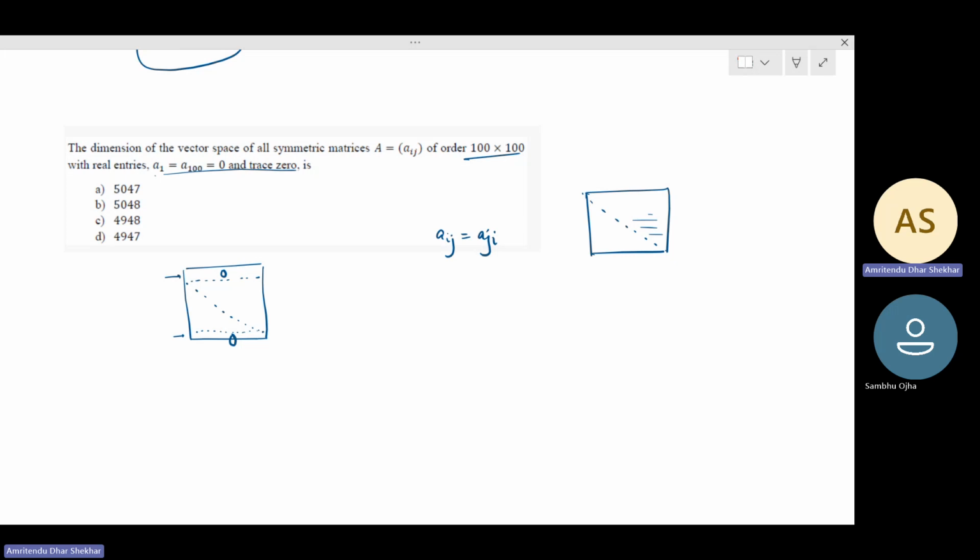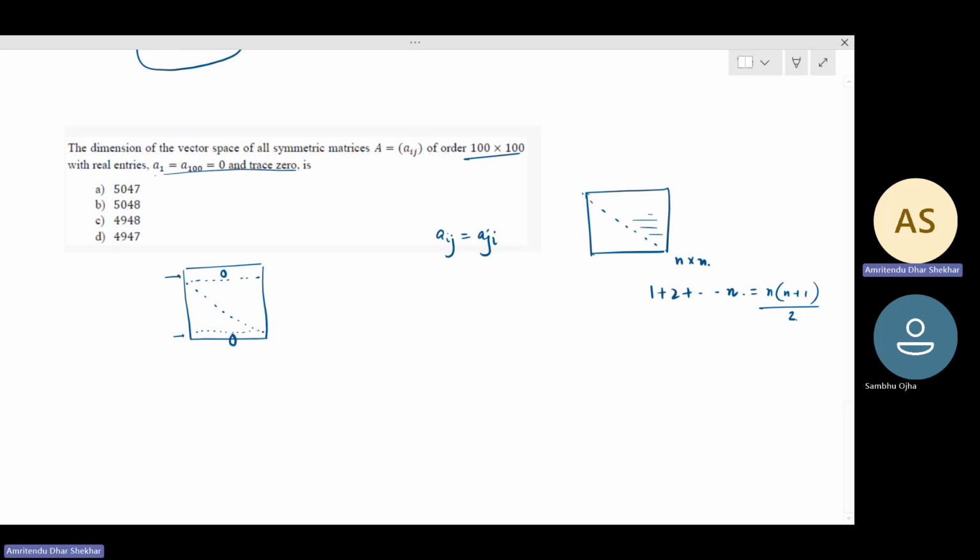So what is the number of elements in the upper diagonal? If this is an n cross n matrix, then the number of elements in the upper diagonal is equal to 1 plus 2 up to n, which is equal to n into n plus 1 by 2.